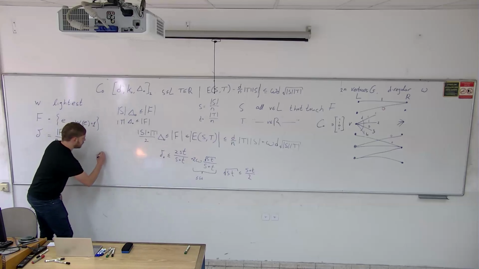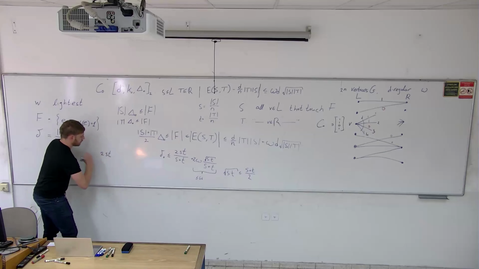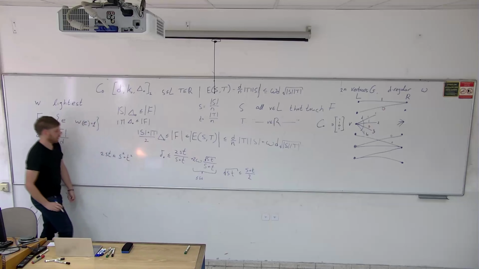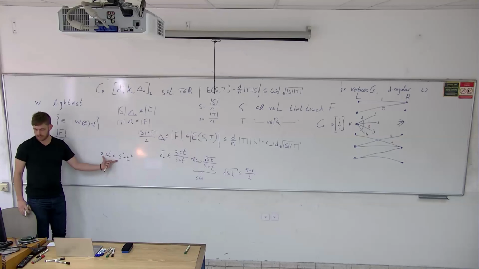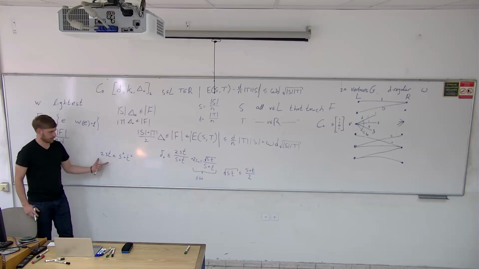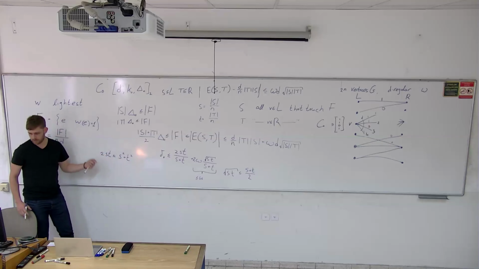So we write 2st is smaller or equal than s squared plus t squared, which is again the inequality of the arithmetic and geometric means applied on s squared and t squared instead of s and t.